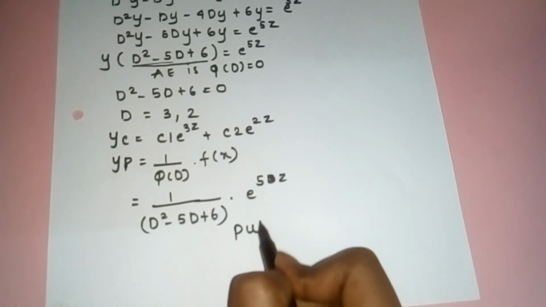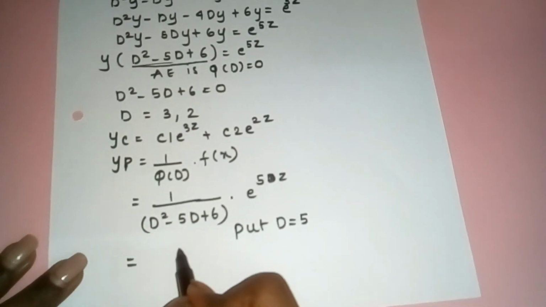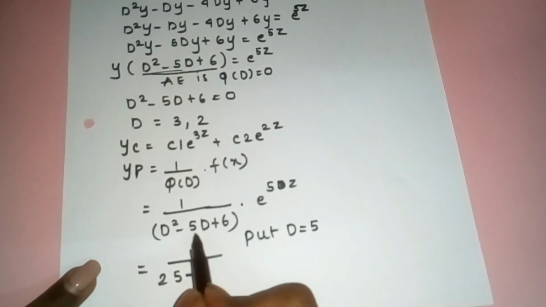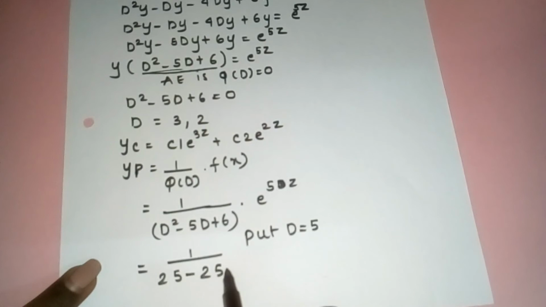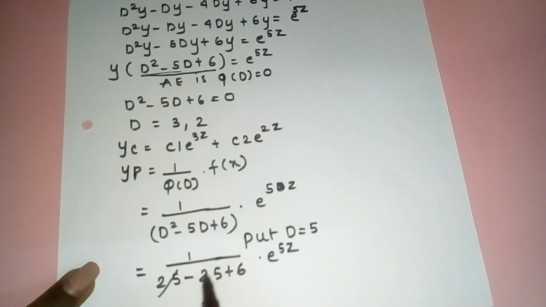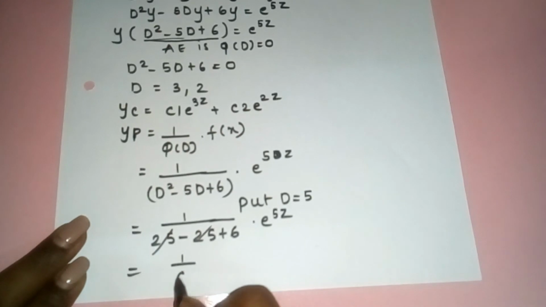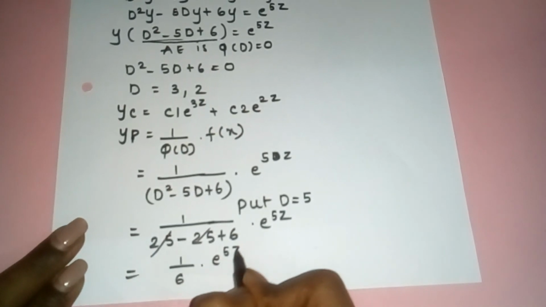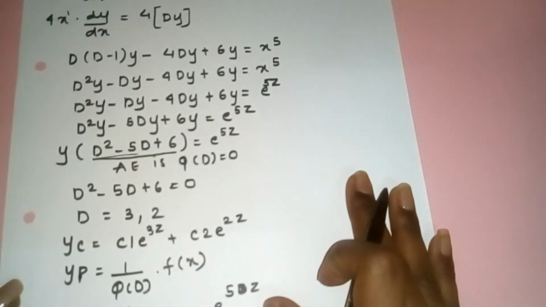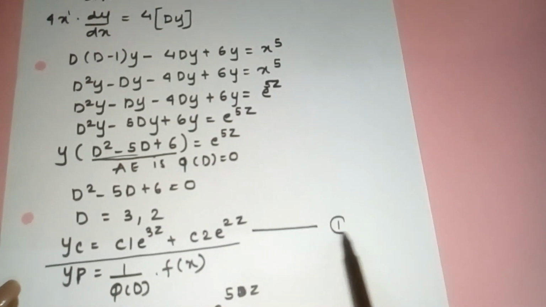So over here we are putting d is equal to 5, then it becomes 1 upon 25, because 5 5s are 25, minus 5 5s are again 25, plus 6 into e raised to 5z. So 25 minus 25 gets cut, then what remains is 1 upon 6 into e raised to 5z. Now this is our yp, the equation 2, and this is our yc, the equation 1.